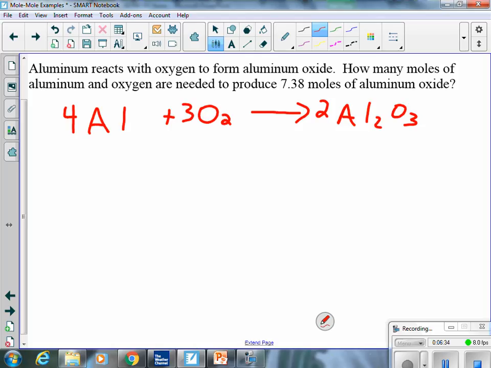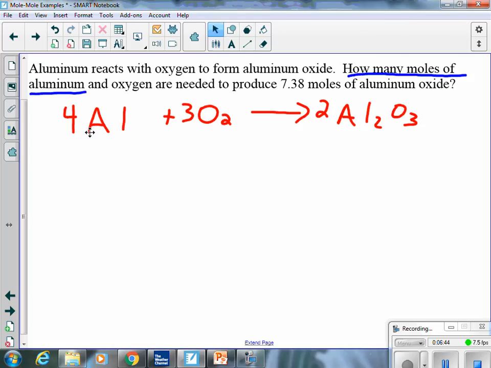My question states, how many moles of aluminum, that's what I'm trying to find, and oxygen. Oops, good thing I read this, because I've got a two-part here.